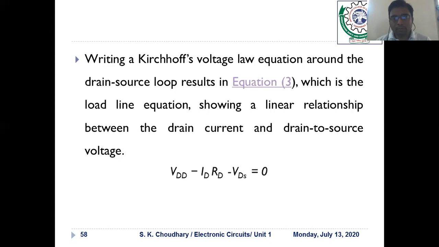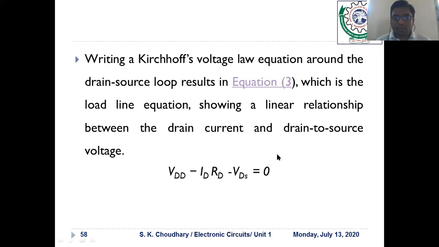Starting from the VDD, if you see the circuit, I think all of you have drawn the circuit in your notebook because it is very important to understand this. Starting from the VDD, go through the drain terminal of the MOSFET and across the source to the ground. This is the output loop of the common source circuit where we are going to apply the KVL.